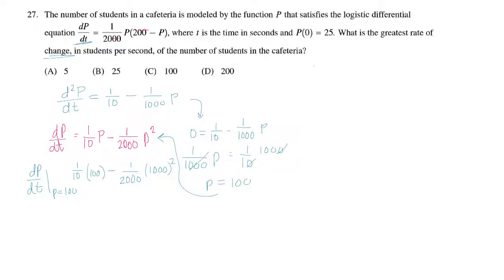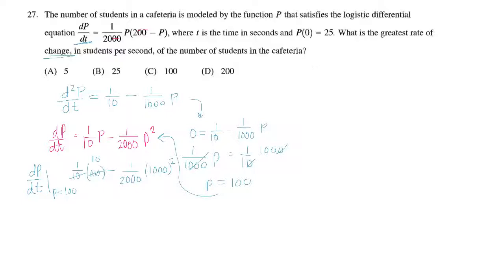All right, so what is that going to give us? So here is 10, and the other is going to be 100 squared.